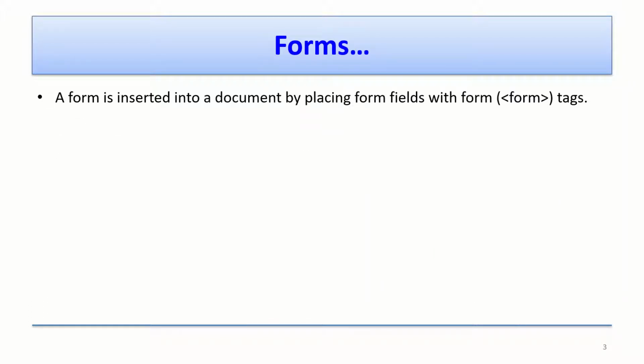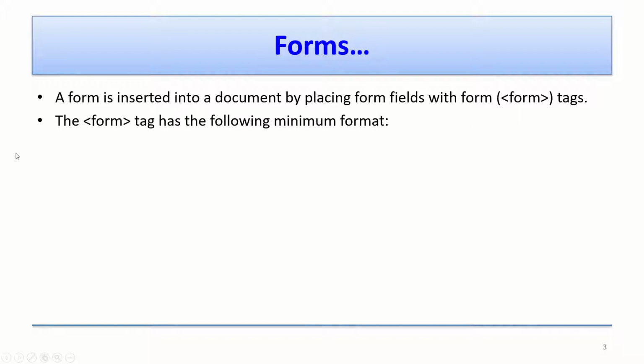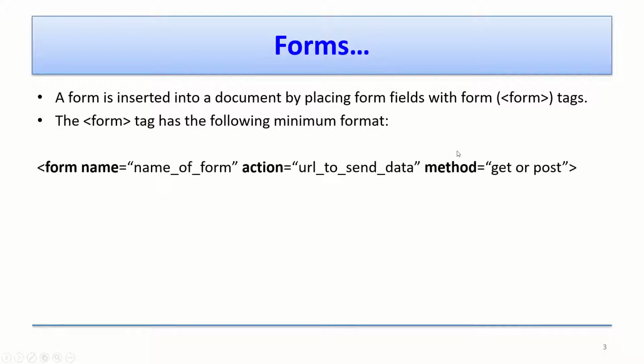Then, in an HTML form, the form is inserted into the document by placing form fields. The form is defined by the tag called form. The form tag has the following minimum format. This is the syntax of the form tag.